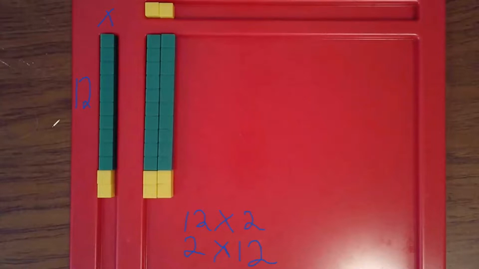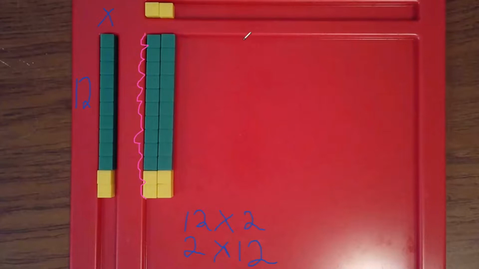So what I did is I took the number 12, right? And I made sure that I have 1, 2, 3, 4, 5, 6, 7, 8, 9, 10, 11, 12. Okay, that would actually be how many rows you have across.